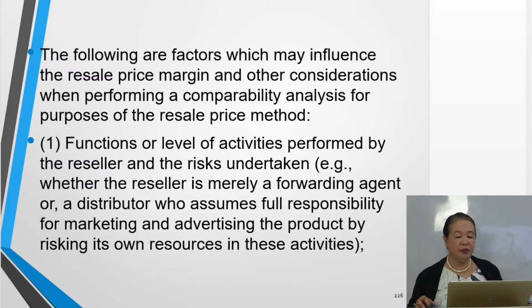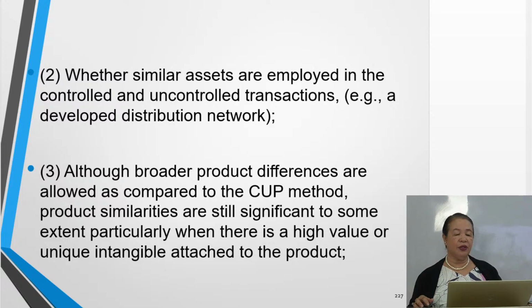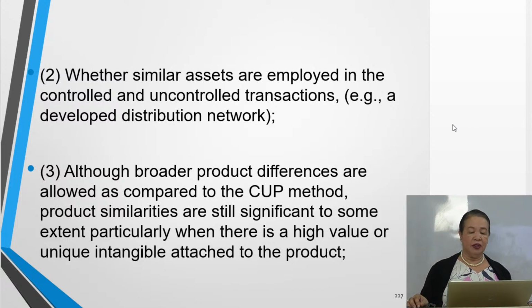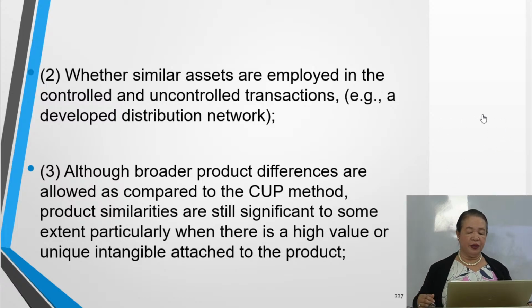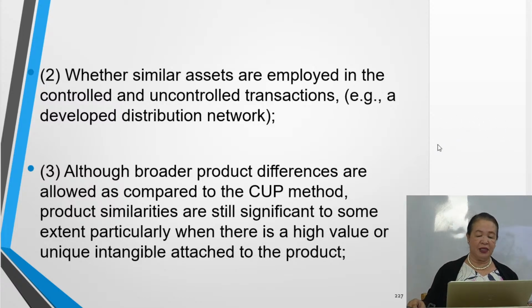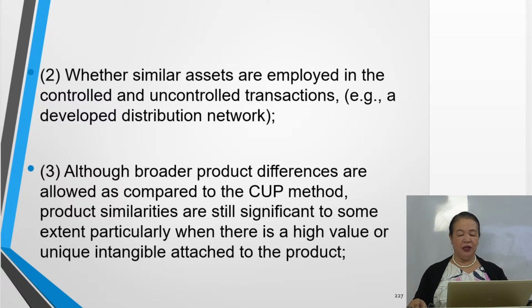Number 2, whether similar assets are employed in the controlled and uncontrolled transactions, no? For instance, a developed distribution network. Okay. Number 3, although broader product differences are allowed as compared to the CAP method, product similarities are still significant to some extent, no? Particularly when there is a high value or unique intangible attached to the product, no?